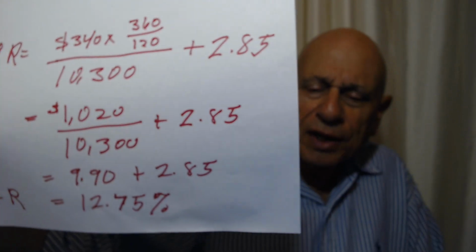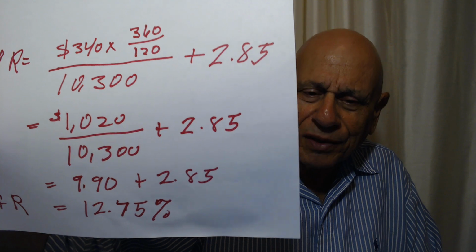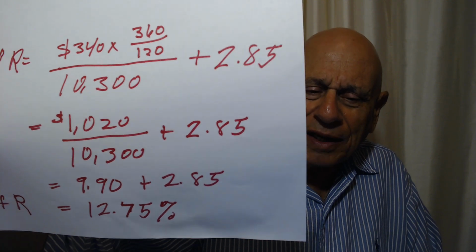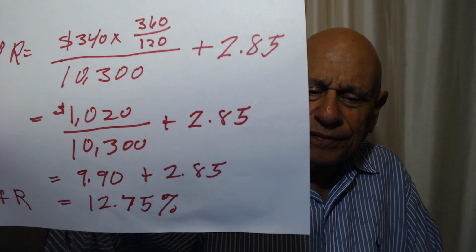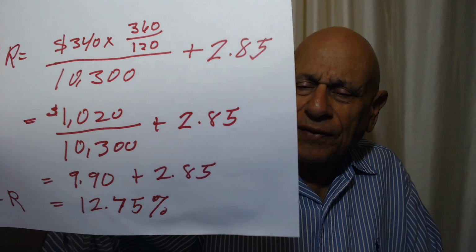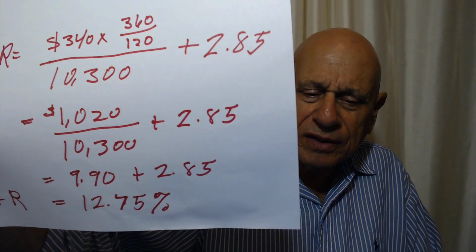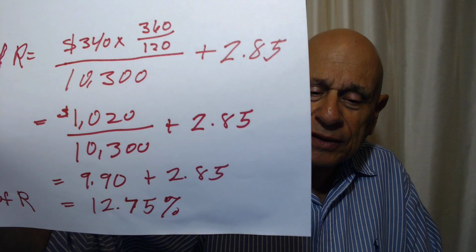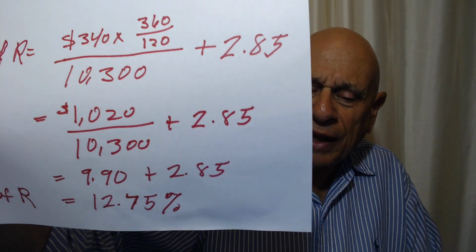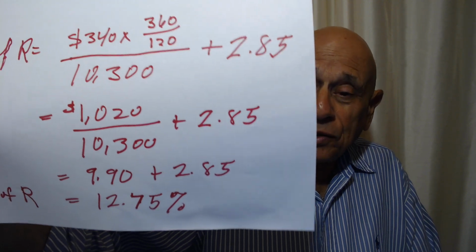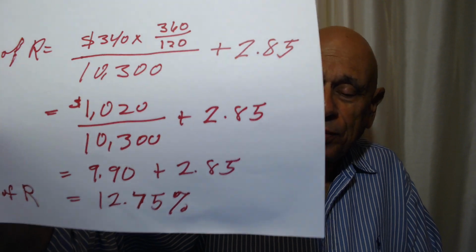I'm looking at the chart, so if I'm looking down, it's not because I'm being rude. So 1020 divided by 10,300 is 9.90%, plus 2.85, which is equal to 12.75%.